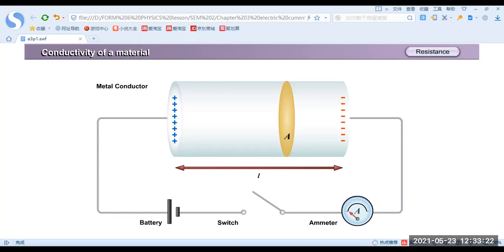Metal can conduct electricity well compared to an insulator, such as plastic or rubber. Metal can conduct electricity, but rubber cannot. Of these two, one is the conductor, one is the insulator.